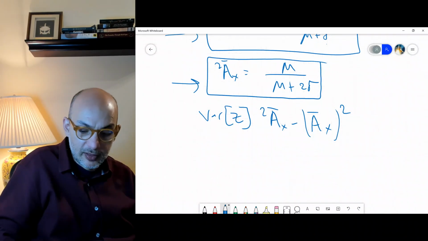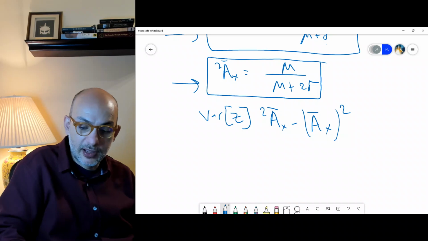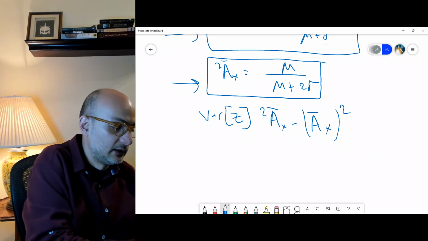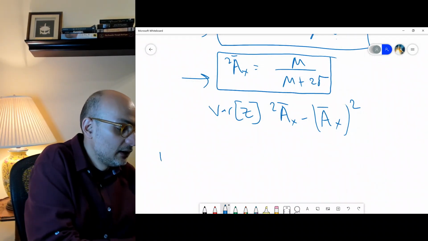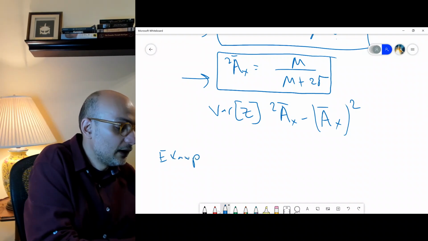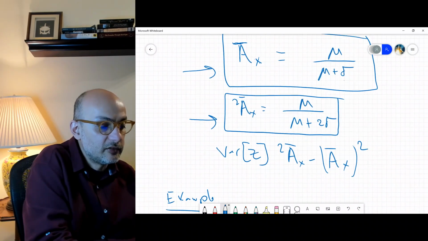Let's take one example also to make sure that we understand this distribution. And this is the beauty about it, there's no x, it's easy to compute.